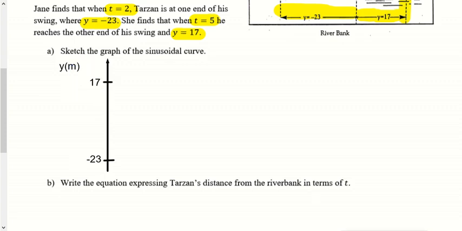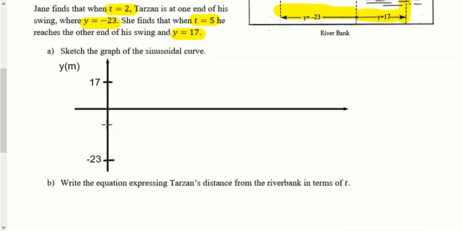If I now wanted to put my x-axis on there, my x-axis would be right about here, closer to the 17. I'm sorry, it says it the wrong way. It would be closer to the 17 than it would be to the negative 23. Oops, so it's not right smack in the middle between the 17 and the negative 23. What I also need to know is where is the middle of my graph.